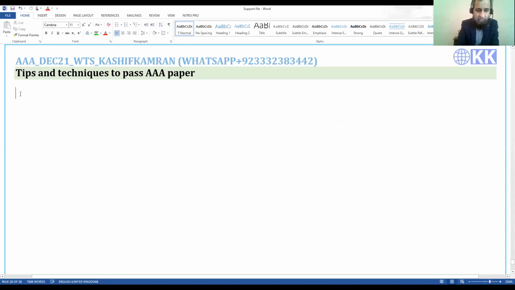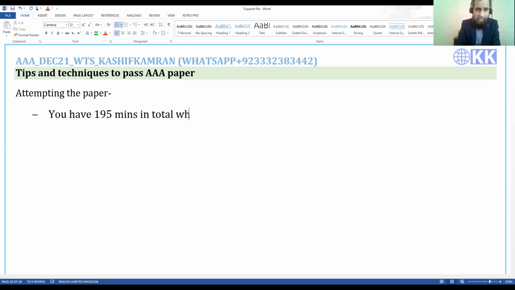Tips and techniques. First, attempting the paper. Number 1: you have 195 minutes in total when you start your exam paper, 3 hours and 15 minutes, right?